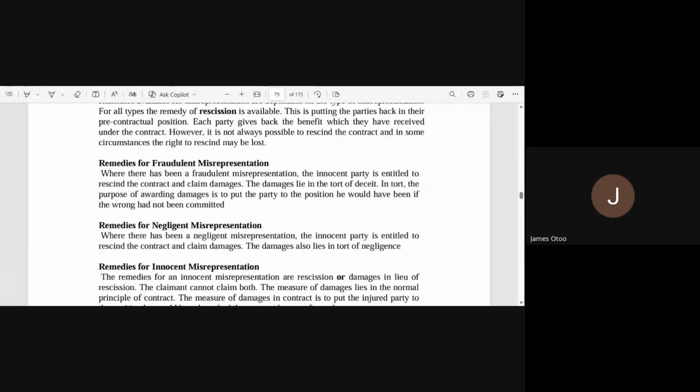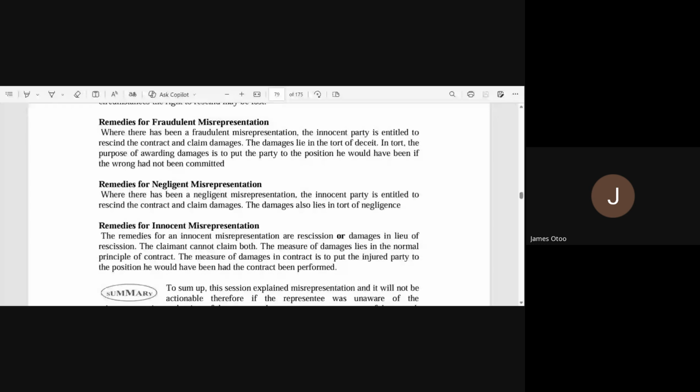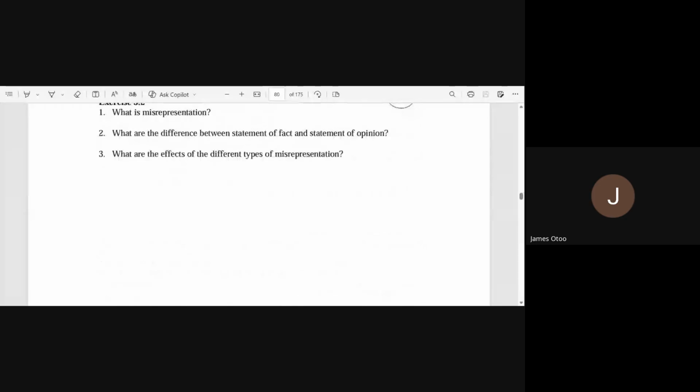When it is negligent, you can rescind the contract and claim for damages. But if it is innocent, you can only sue for damages and continue the contract. So basically, that's what we have under misrepresentation as a vitiating factor.